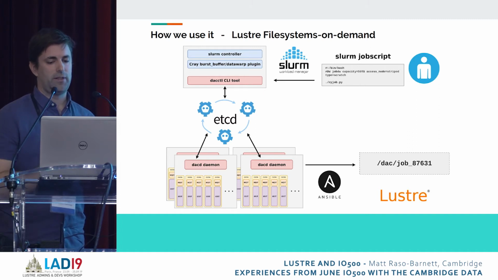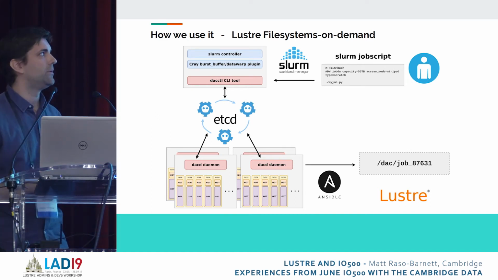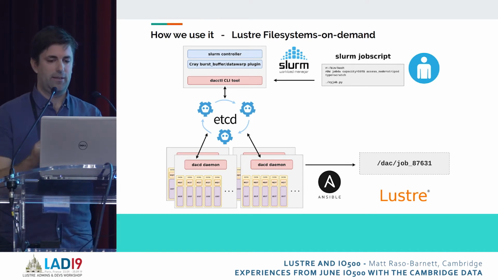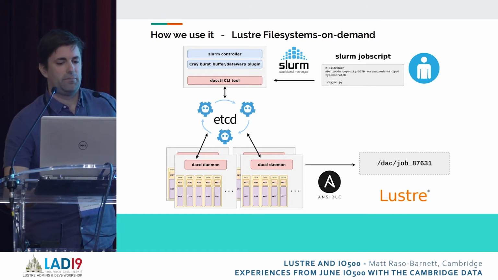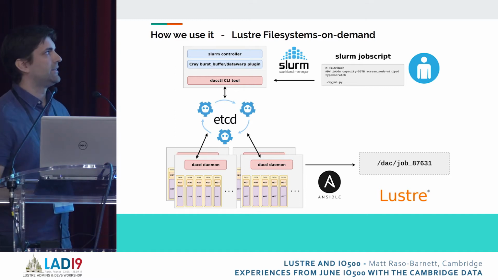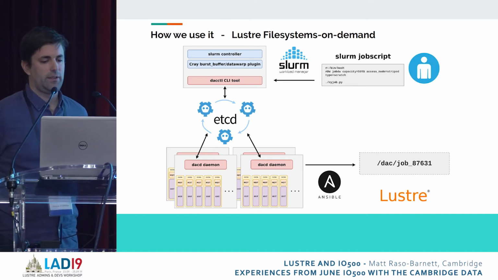This daemon writes out a little Ansible inventory of what it needs to create: this NVMe, that NVMe. Then it will run the Ansible to build that file system for the job, and mount it on the client used in the job. That is then passed on, the Slurm job will start, and the users can use that. So this is where we've been, how we envisage using this, and we've been working on this with our users.